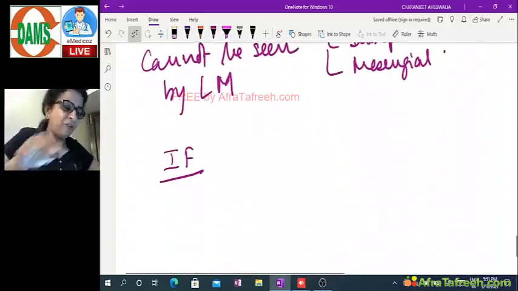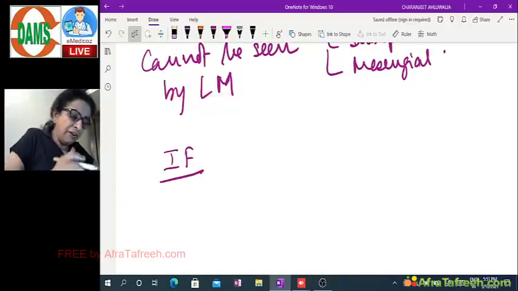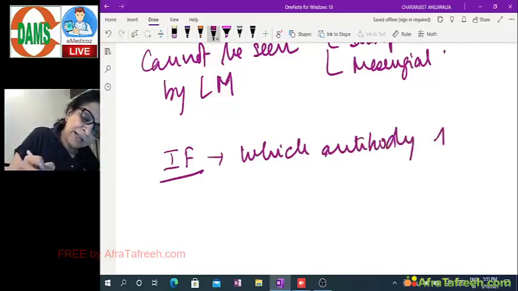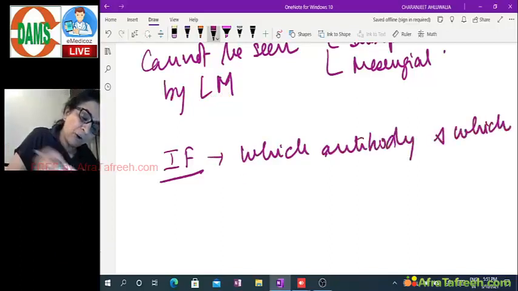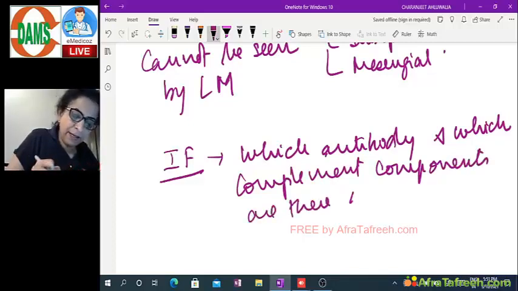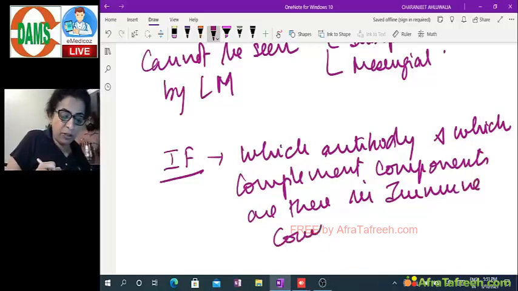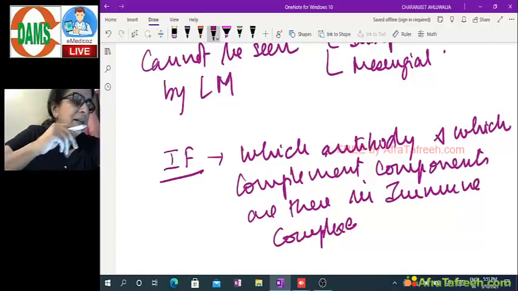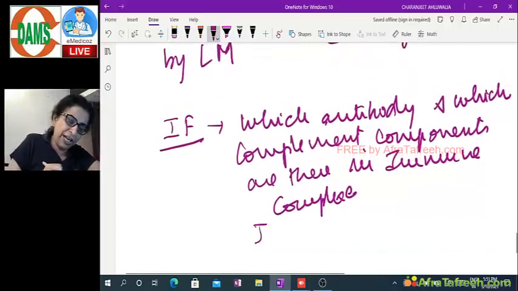So now immunofluorescence examination will tell you which antibody and which complement components are there in immune complexes. Do they have IgG antibody?